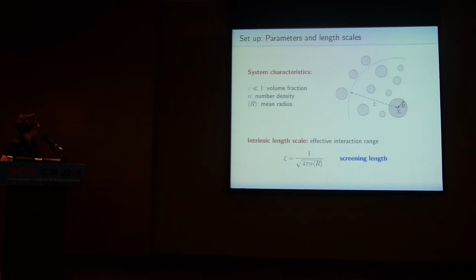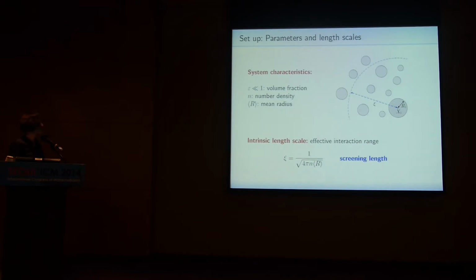The particle interacts effectively with the particles within the screening radius. There's a relation to the capacity density: the screening length scales like 1 over the square root of the capacity density, which is just the capacity density in 3 dimensions.